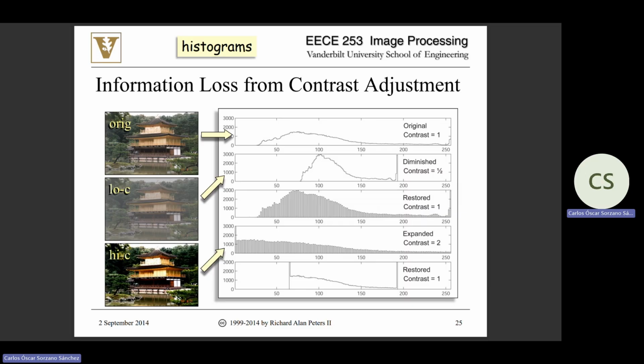We put a slope of 0.5, and then I can restore the contrast. So here my factor was 0.5. Now I put a factor of 2, and then it will expand the contrast again. But now this is with low contrast, and this is the restored contrast that we don't see here.